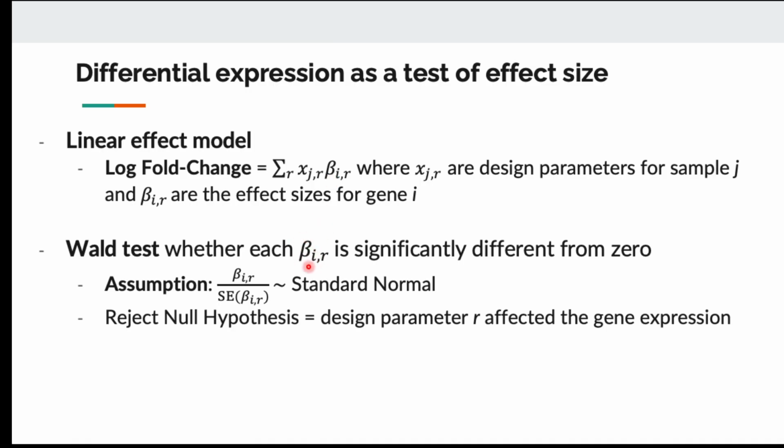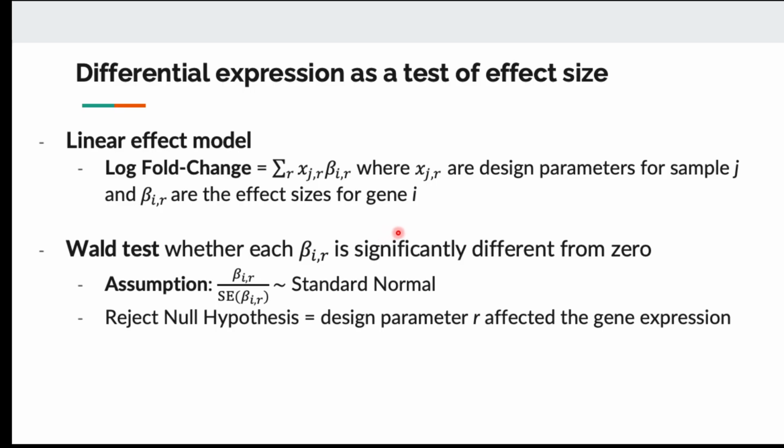So the test that they are doing here, once they fit the observed expression data to this linear effect model, the DESeq software is going to ask, is the beta for treatment, or the beta for dosage, or the beta for the time after treatment, significantly different from 0?